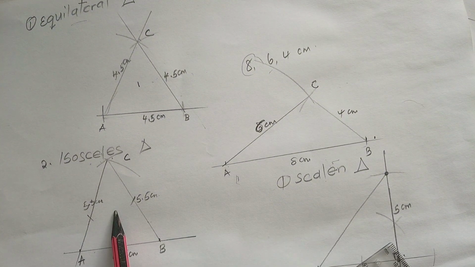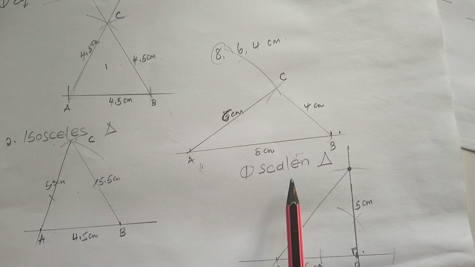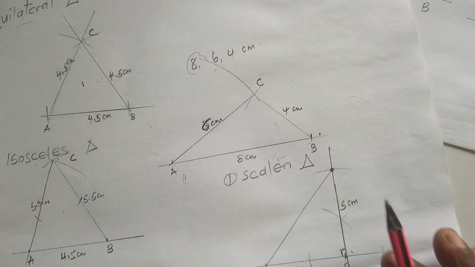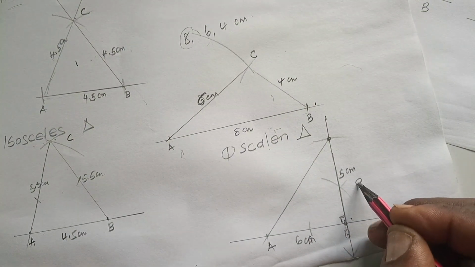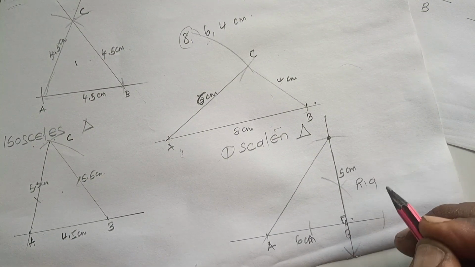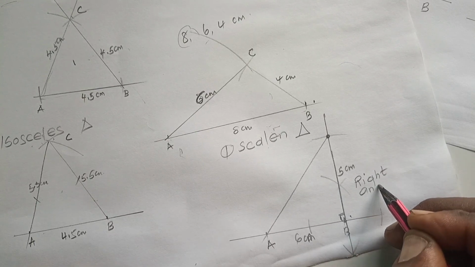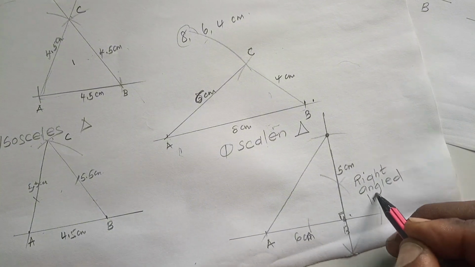And then we have an isosceles triangle. Then we went to a scalene triangle, and finally we have constructed a right-angled triangle.